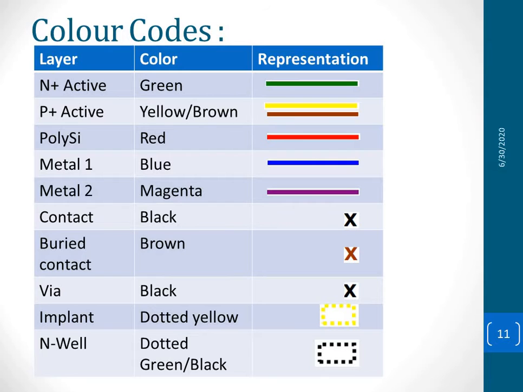You can see the representation in the last column also, and P plus active is yellow or brown in color, and polysilicon is red in color, metal 1 blue, metal 2 magenta, contacts are in black, buried contacts are in brown with cross symbol, vias are black again, implant is dotted yellow, and N well is dotted green or black.